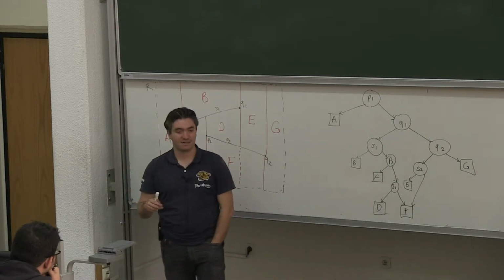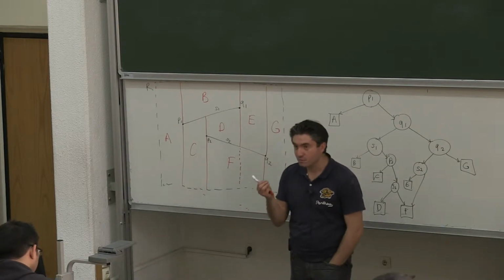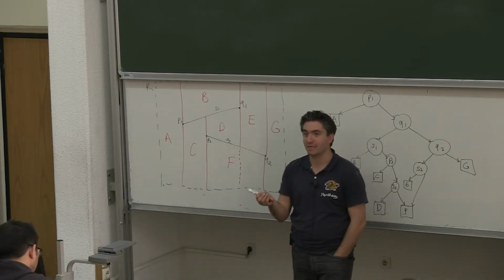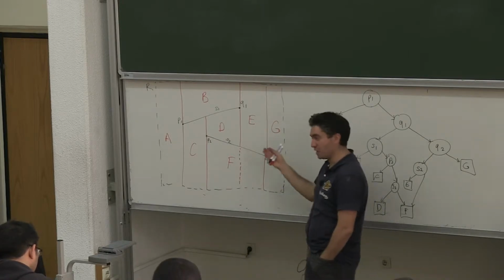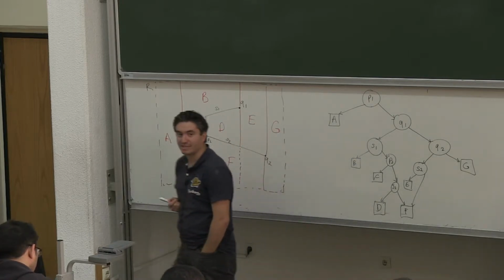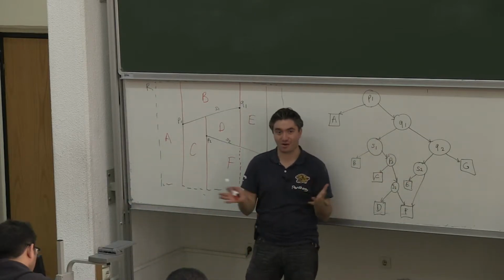But to find the expected running time, we need to think about the probability of adding new nodes. We need to look at the geometry and see what is the probability of having an unbalanced structure here or a balanced structure.